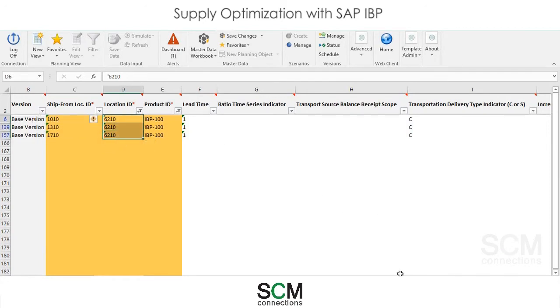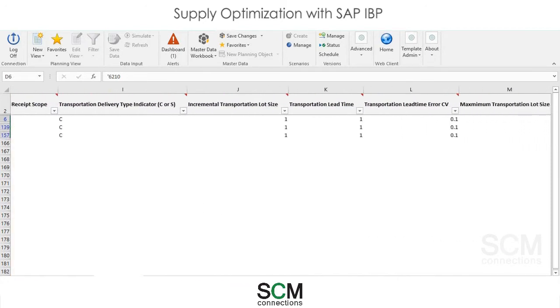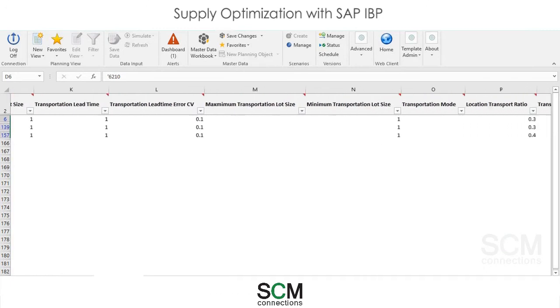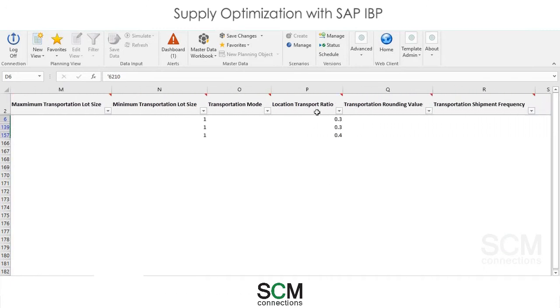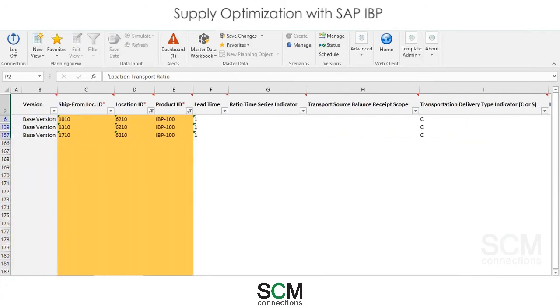Now for a heuristic or just a supply-demand match, it'll use the straight ratios. So location transport ratio here you'll see is 0.3, 0.3, and 0.4, because I didn't really feel like rounding, and it just makes it easy. So you can see when you run a heuristic it goes 0.3, 0.3, and 0.4. Now the optimizer doesn't work that way. The optimizer will just see these as potential sources and look for the least cost option to meet those demands.